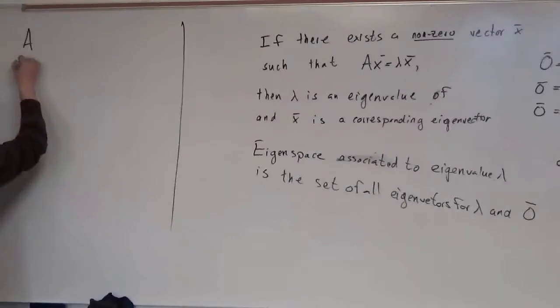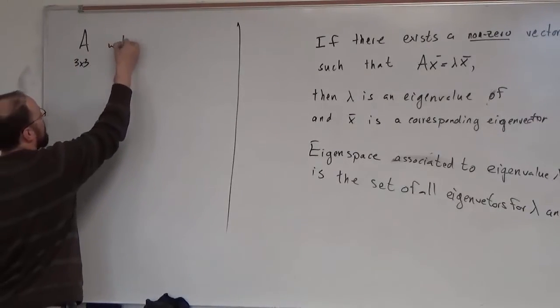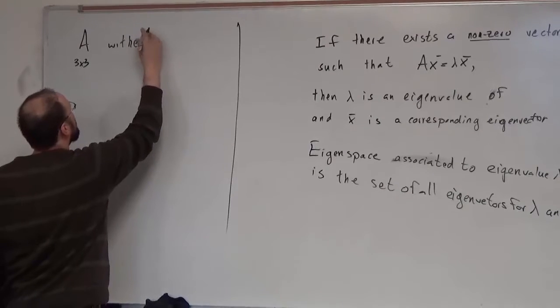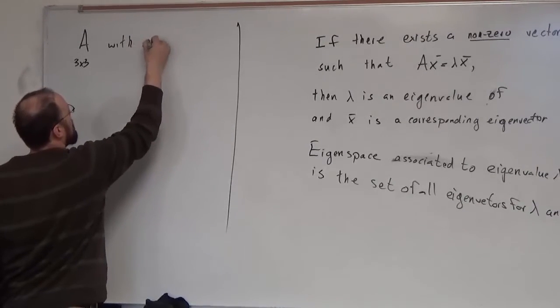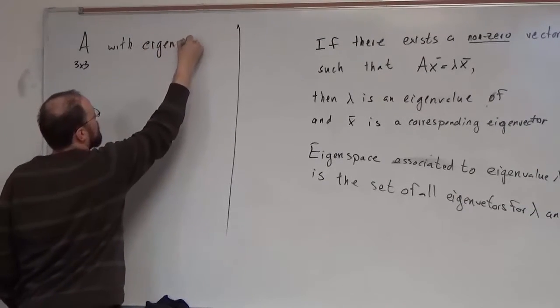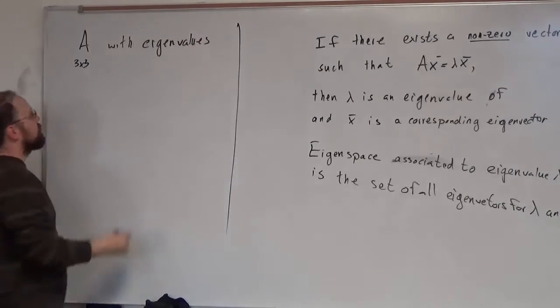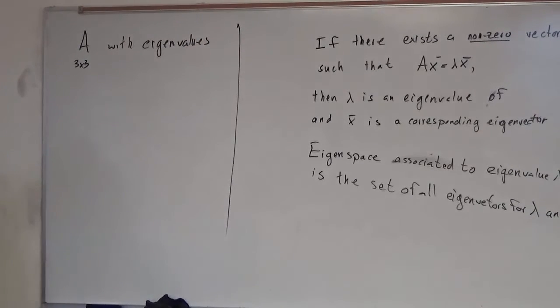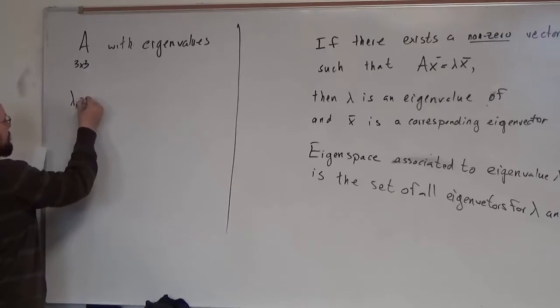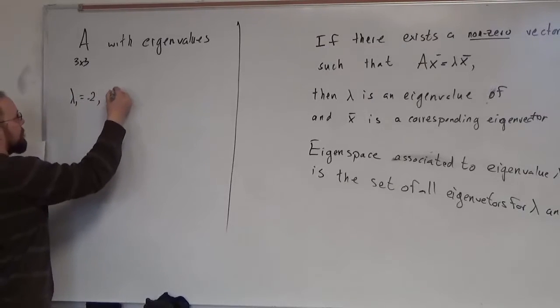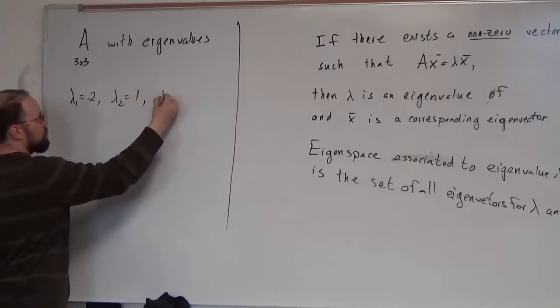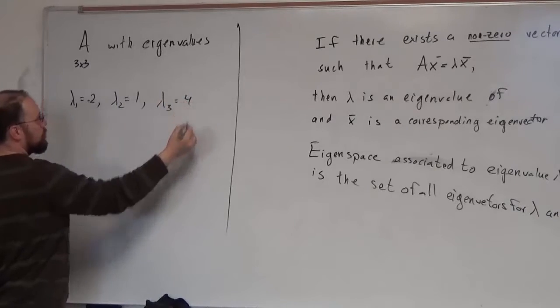A is a 3 by 3 matrix with eigenvalues of negative 2, 1, and 4. Okay. All right.